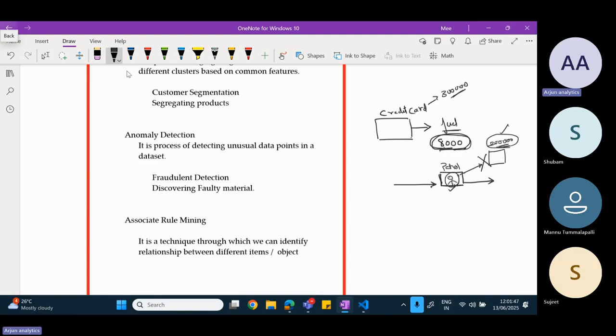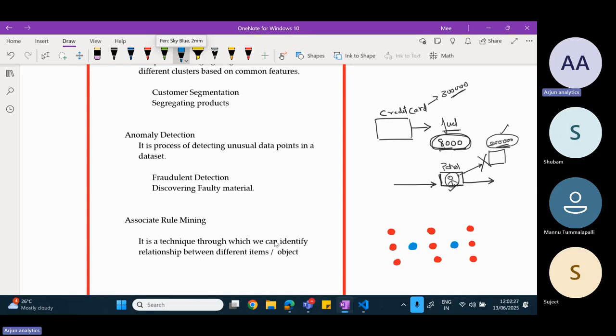You can think of it like this: there are many red dots, and among them there are 2 blue dots. The blue ones are rare events, and when a rare event happens, that comes under the category of anomaly detection.